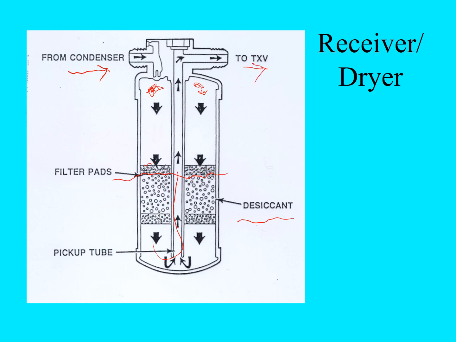Now, some receiver dryers are being incorporated into the outlet end of the condenser. So you might not find one of these as a standalone component. It can be incorporated into the condenser now, so that it's more compact, so they can get more under the hood of the vehicle.